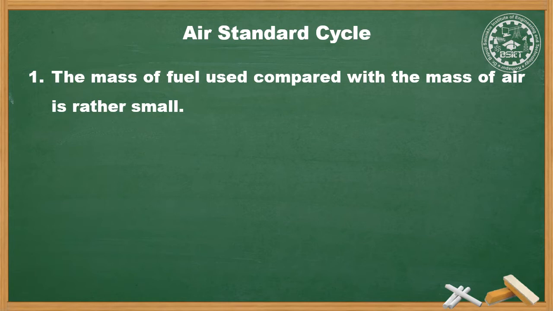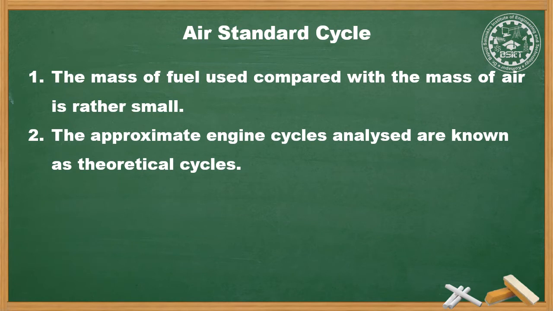Exact conditions existing within the actual cylinders are very difficult to determine, but by making certain simple assumptions, it is possible to approximate these conditions more or less correctly. The approximate engine cycles analyzed are known as theoretical cycles. The simplest theoretical cycle is called the air cycle approximation.